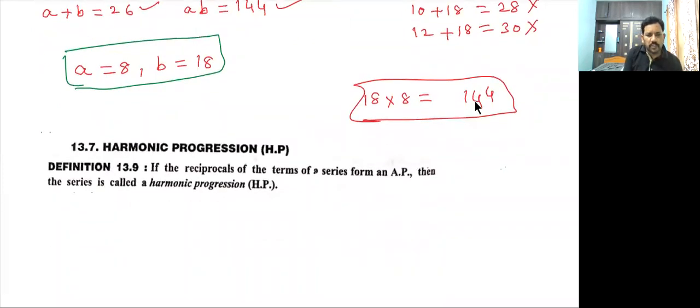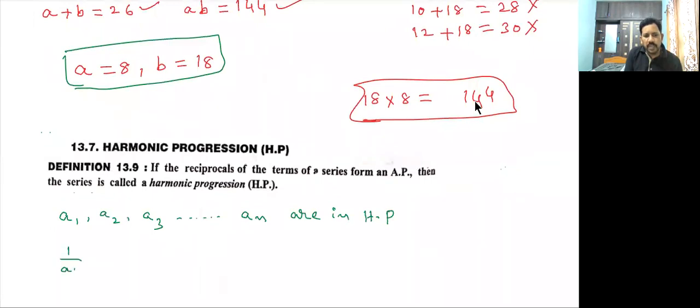Now suppose, for example, A1, A2, A3 and so on, AN are in HP, harmonic progression. Now write those values as reciprocals.